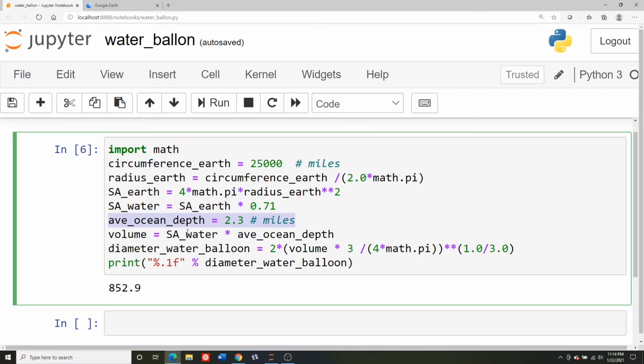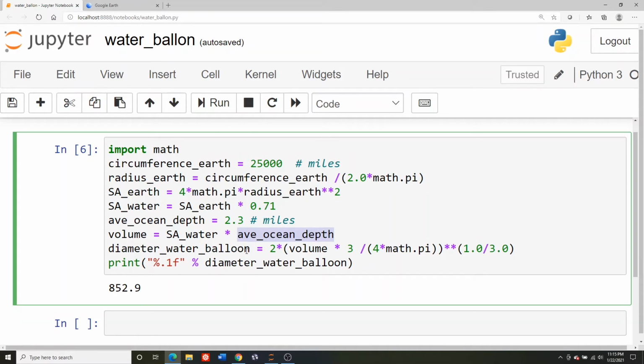Okay, fine. So ignoring curvature and stuff, 2.3 miles out of 25,000 miles, we can ignore curvature. And instead of subtracting spherical shells or something, we'll just do a planar approximation, if that means anything to you. So the volume of all the water on the planet is the surface area of the water times the average ocean depth.